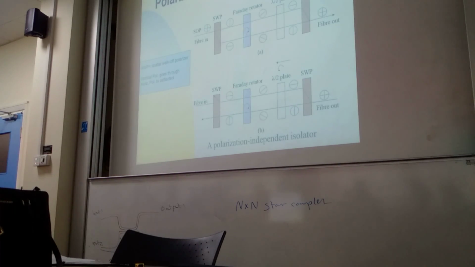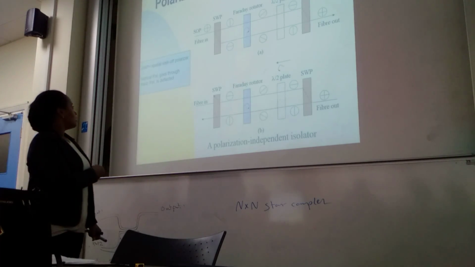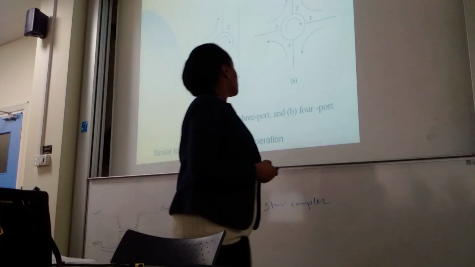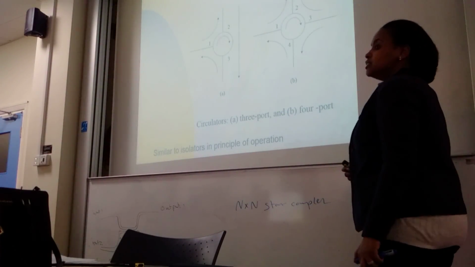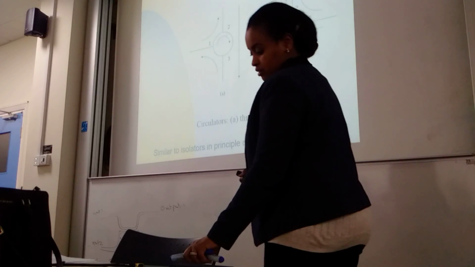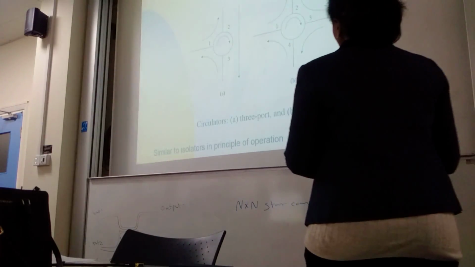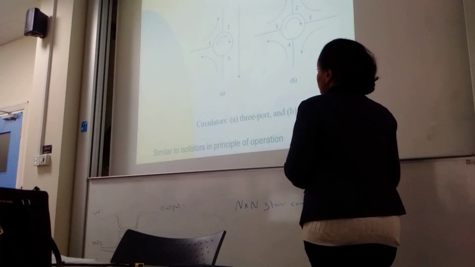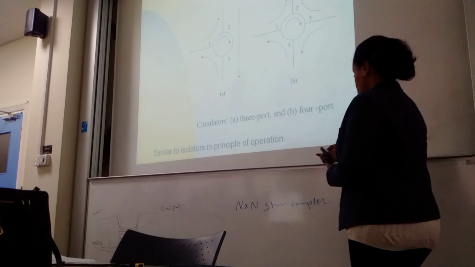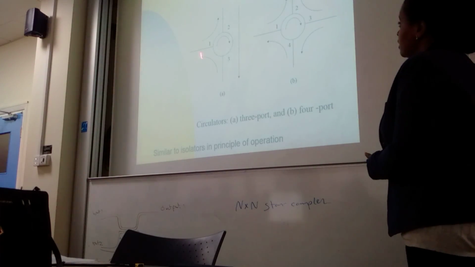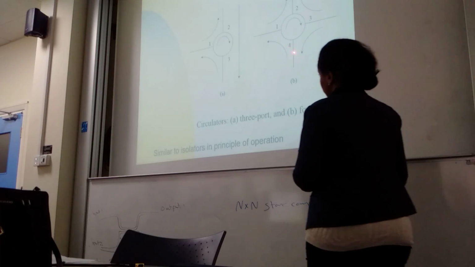So this is just one example of an application where we use these isolators. Circulators are similar to isolators, just they have multiple ports. So we see here a 3-port circulator and a 4-port circulator.